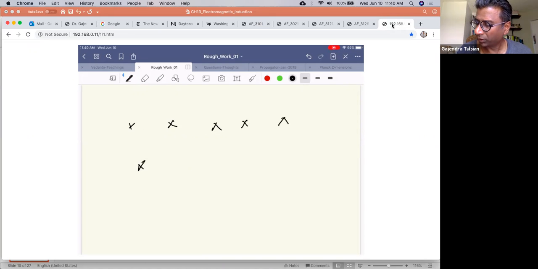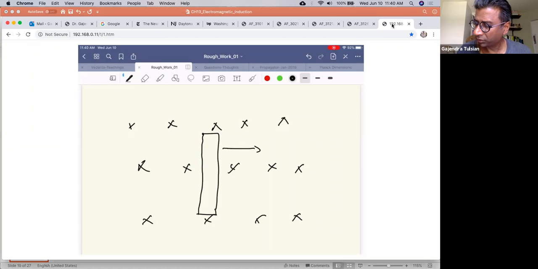You have a magnetic field like this. You take a metal rod and you move it in this direction. And what will happen is negative charges will collect here. So if you have a positive charge, I'm going to do this on the side.